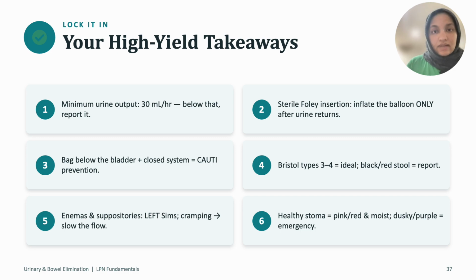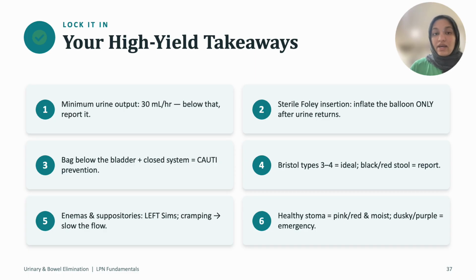Okay, now let's lock in the 6 things to walk away with. 1, 30 ml an hour is the floor for urine output. It's the minimum, all right? 2, with a Foley, the balloon goes up only after you see urine. 3, bag below the bladder plus a closed system is your CAUTI mantra. 4, Bristol 3 and 4 are ideal, and black or red stool gets reported.